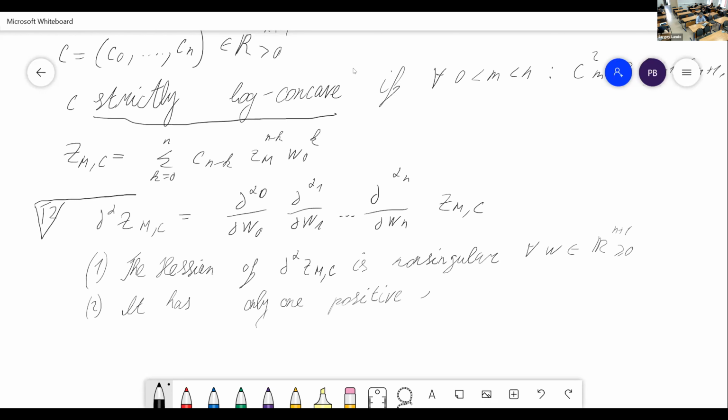These are assumptions or assertions of the theorem. No, those are assertions. Assertions, yeah. Those are what we want to prove. Well, right.